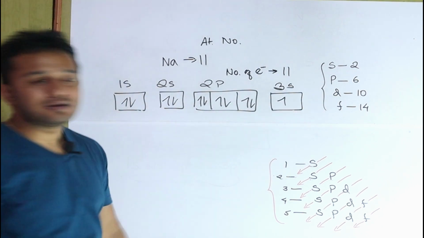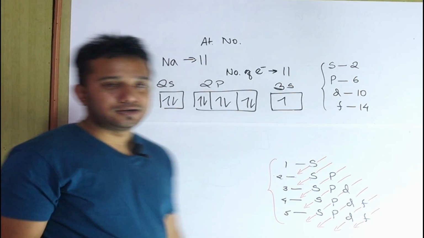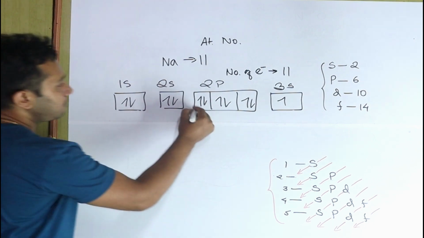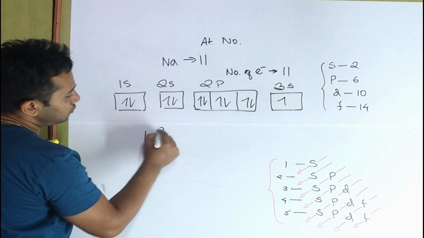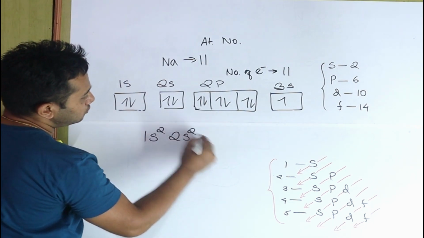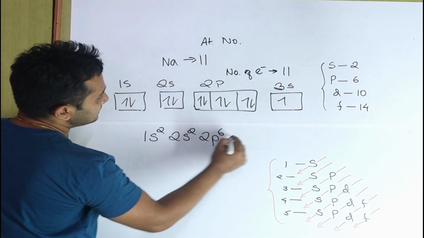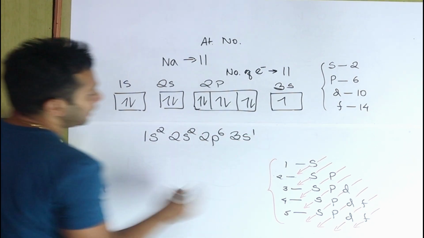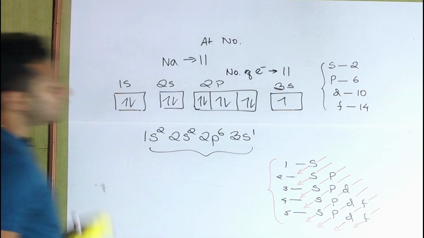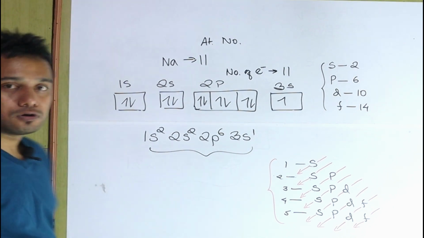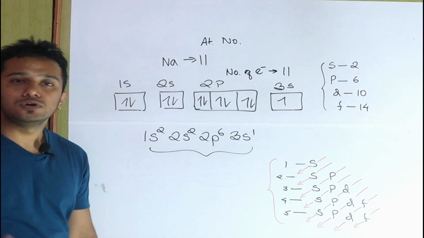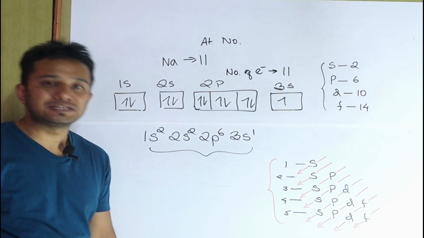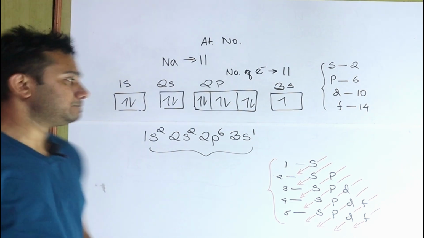That electron will enter the 3s orbital. So now we have 1s2, 2s2, 2p6, 3s1. So this will be your electronic configuration for sodium: 1s2, 2s2, 2p6, 3s1.